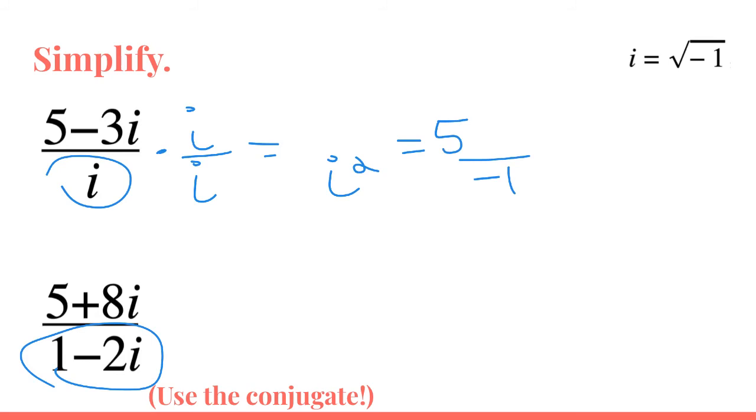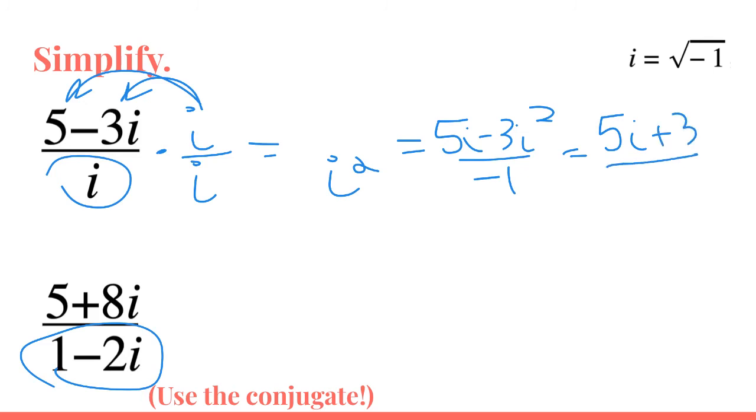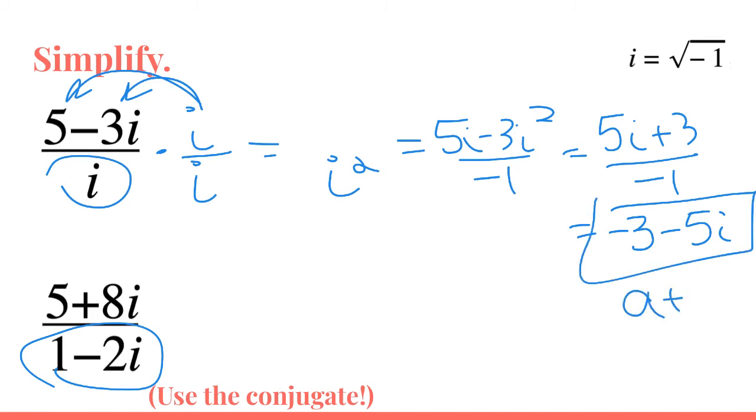We get 5i when we do the distributive property, 5i minus 3i squared. So that would be 5i plus 3 all over negative 1. And then another way to write that would be to go ahead and divide the negative 1 into everything, and we get negative 3 minus 5i. Typically, we like to write the real part first so that it's in a plus bi form. That's called a complex number.